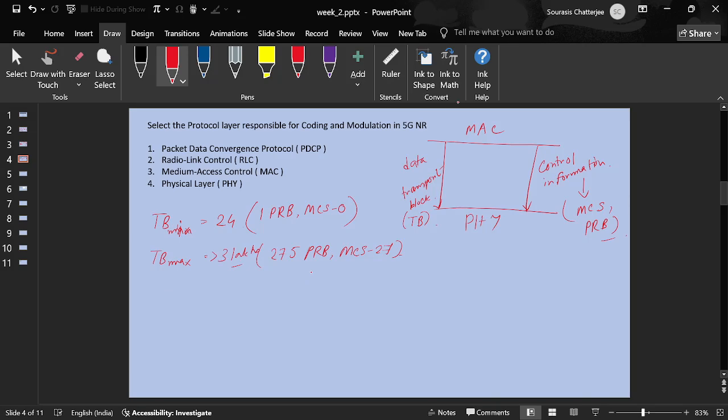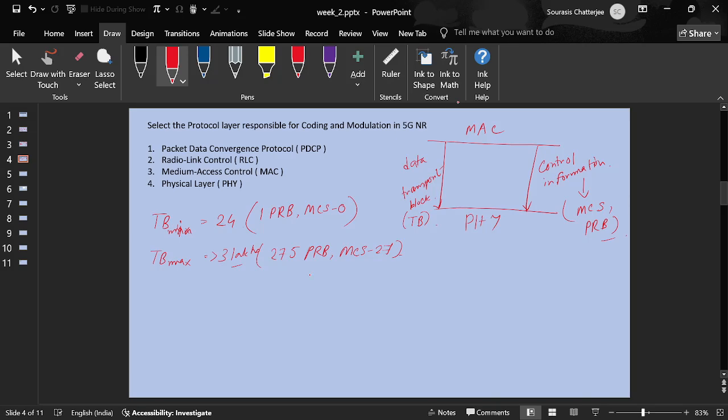So once you have the transport block, what do you do? In the last session we discussed that we have some data, we add CRC on top of that, feed it to the LDPC encoder, then do modulation, and only then we transmit, right?